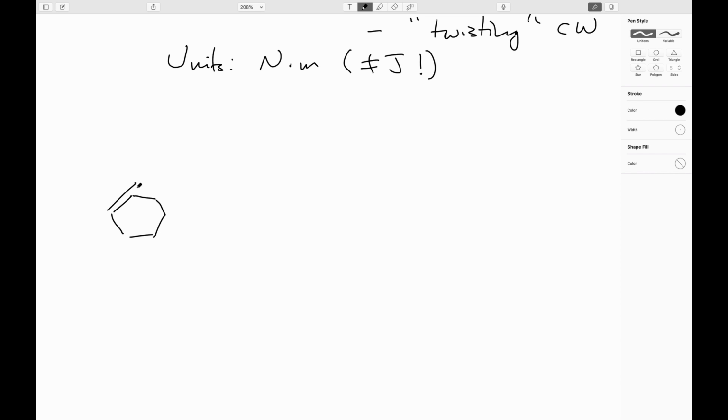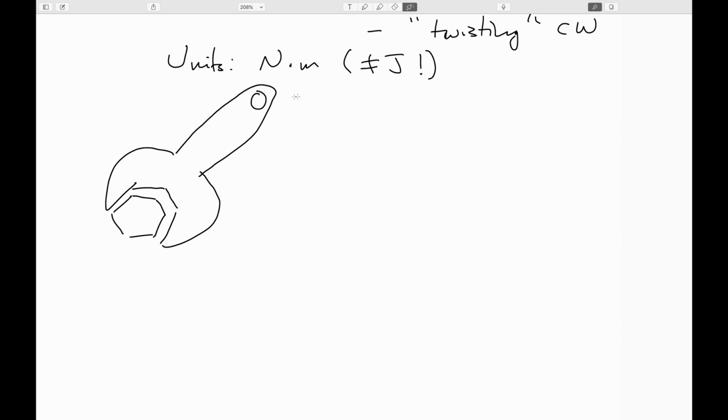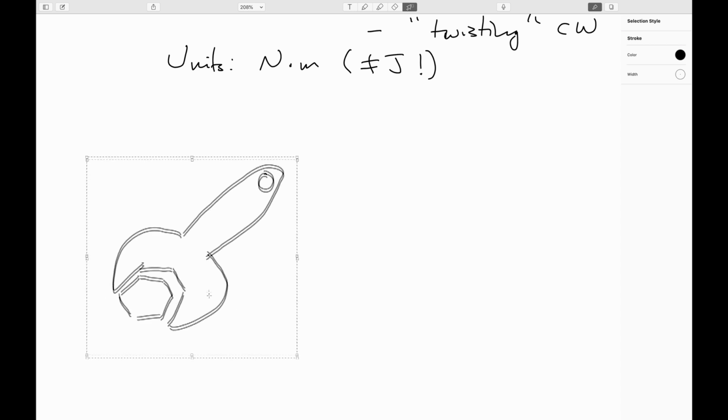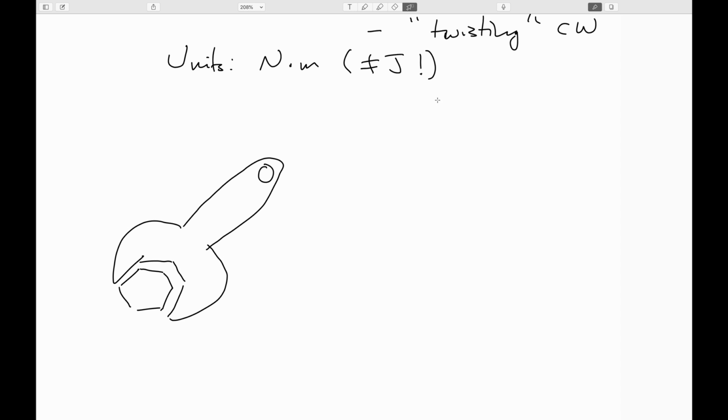My wrench is probably going to be worse. If you actually used a wrench that looked like this, it'd probably be a bad sign. All right, and I wound up drawing my wrench too close to my words, so I need to move my wrench. There we go.